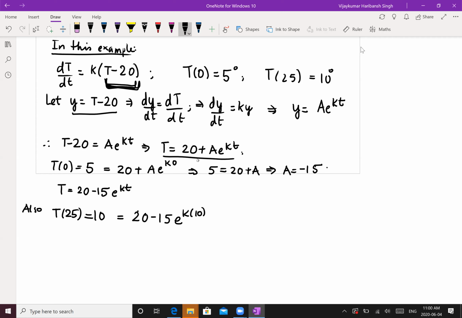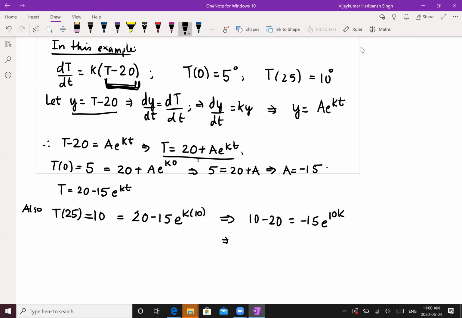So now subtract it on the other side, so you get 10 minus 20 equals to minus 15 e to the power 25k.